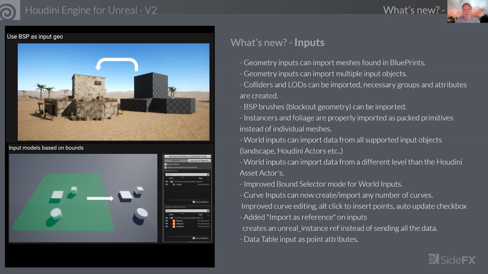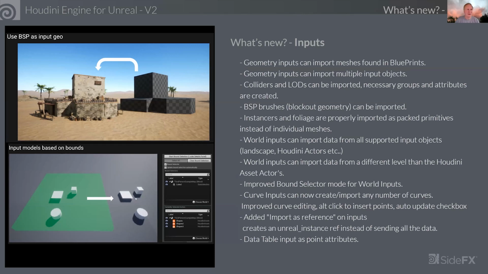You can actually use BSP brushes. It's actually designed to work with the BSP brushes inside of Unreal, which is a very powerful way inside of Unreal for composing objects. And we can even provide bounds with the bound selector, and that will actually determine what gets imported where and when and how. Yeah, lots and lots of features there.